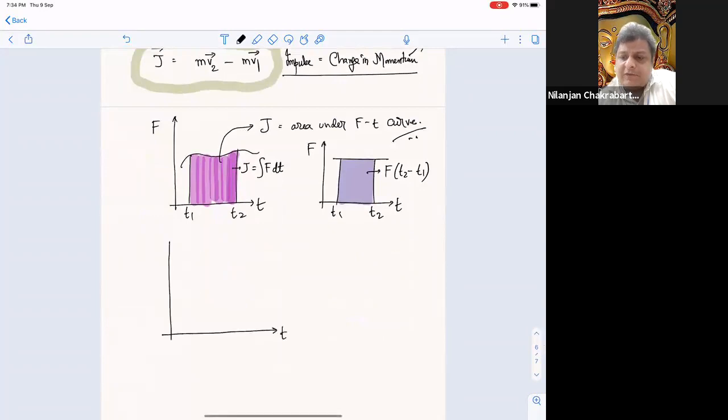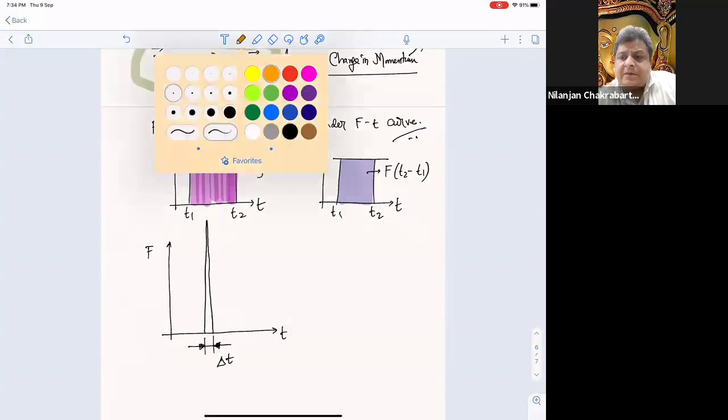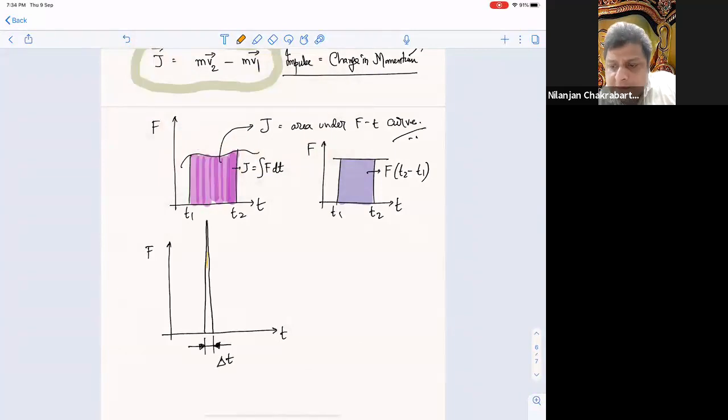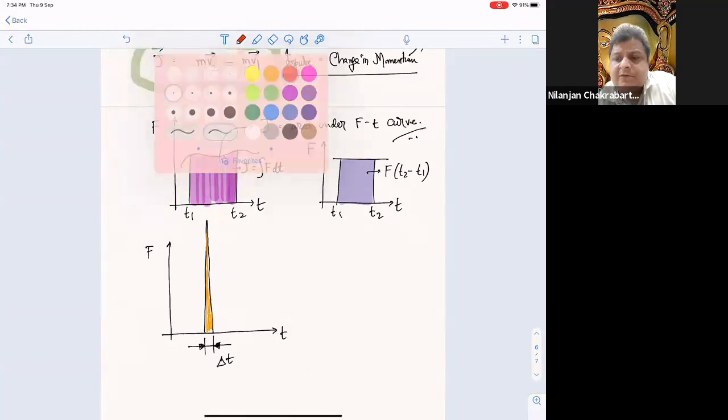Now there are certain forces like this. This is the time interval, and this is the force. Now this is a very large force.